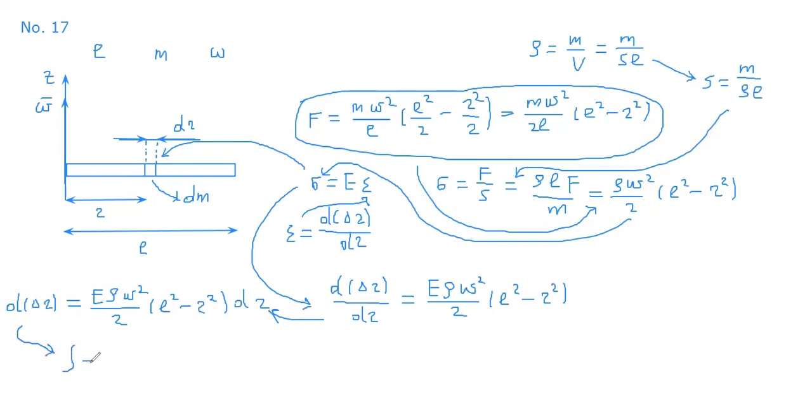the integral of d delta r is equal to the integral of E rho omega squared divided by 2, L squared minus R squared, dr. And we have to find the rod extension.